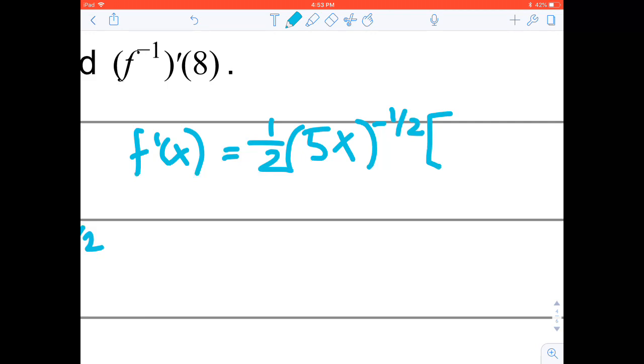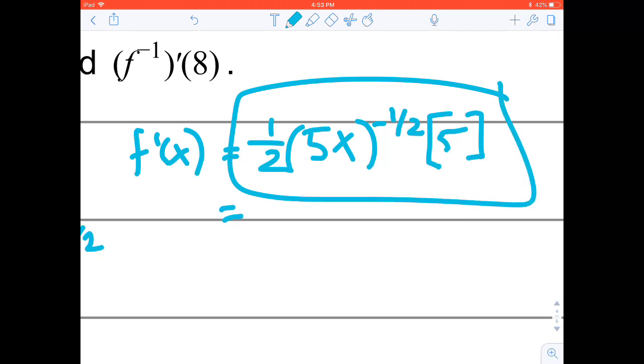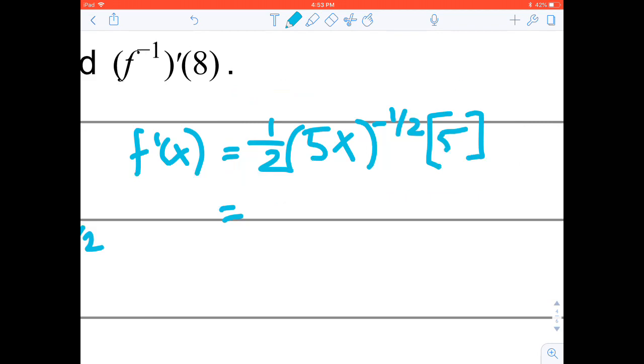Do not forget, you've got to multiply the derivative of the inside. So we said the inside is 5x, derivative of 5x is 5. So I've got to multiply that to my whole entire thing. And since this is all just one big term here, I can see how 1/2 and 5 are going to multiply and give me 5/2.